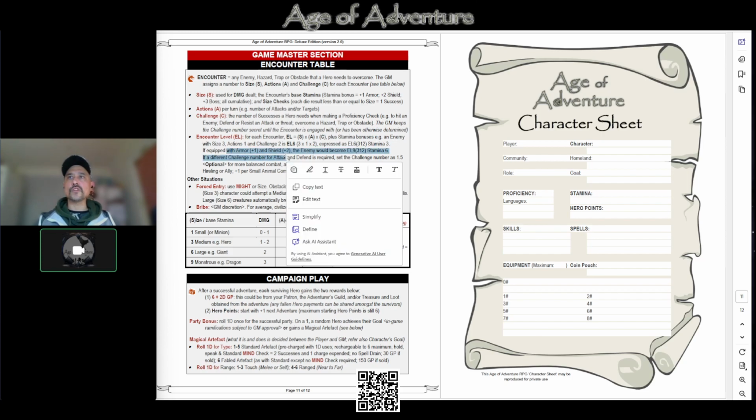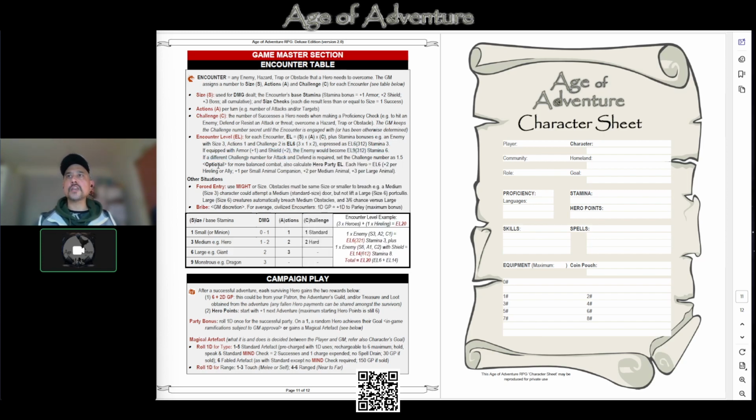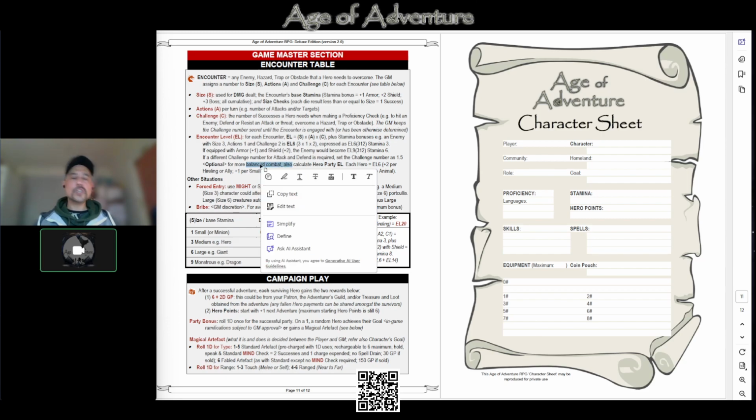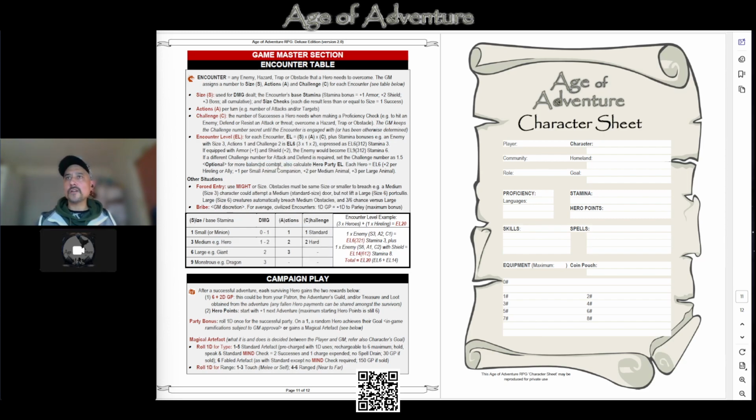There are some rules for armor and shields and that sort of thing, but the main reason I'm going over encounter level is that if you do want more balanced combat, which, you know, in old school games, there's no reason why there needs to be, but I use it, and I know a lot of GMs and players like encounters to be balanced.